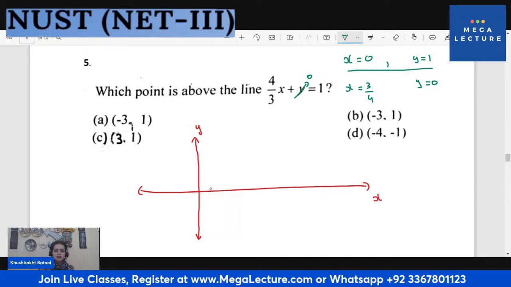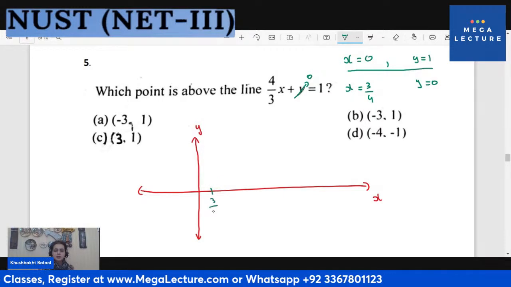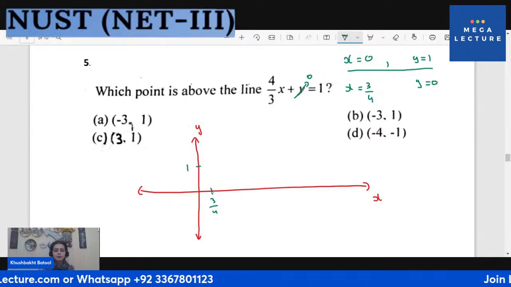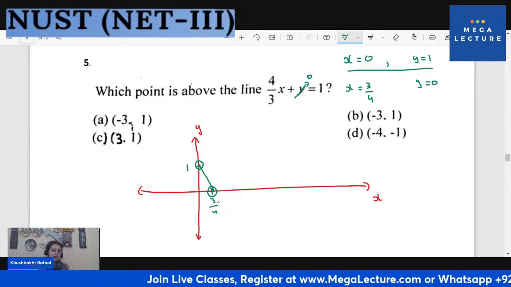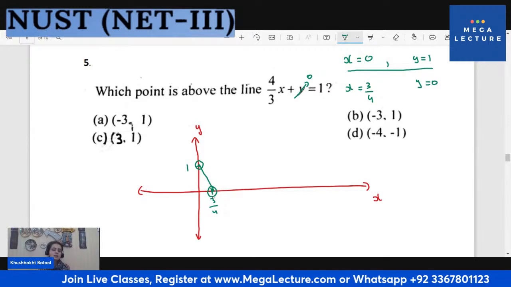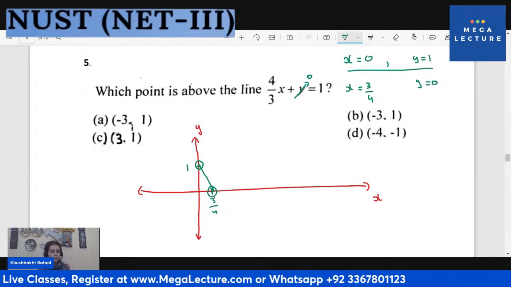Let's say this is 3 by 4 and this is 1. So this would be the first point. This is going to be the second point, and if I connect these two points, this would be a green line, right? So this green line is basically the line. Okay.